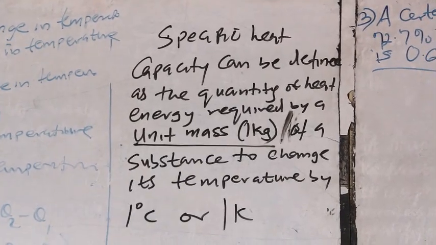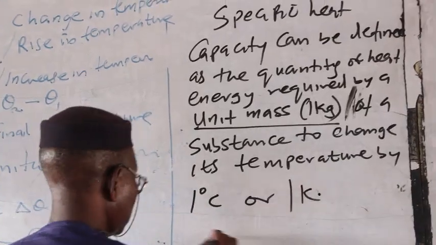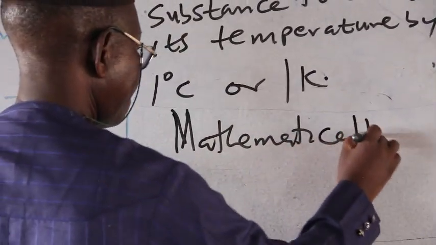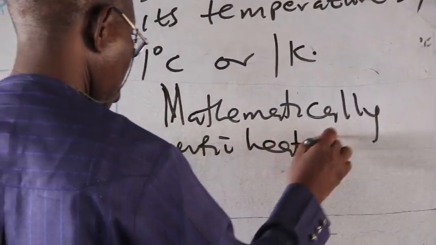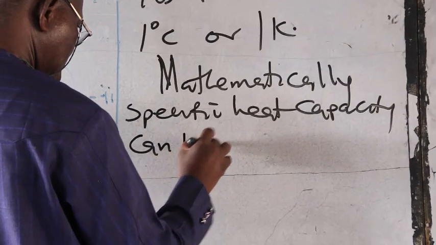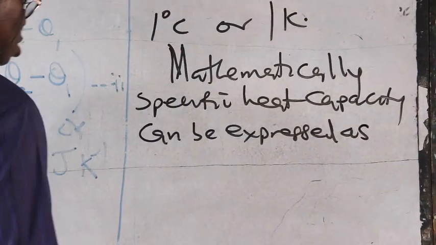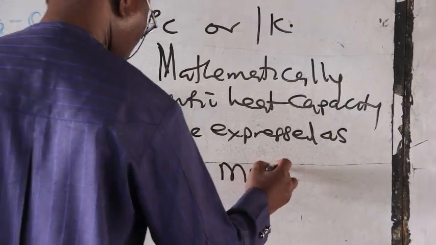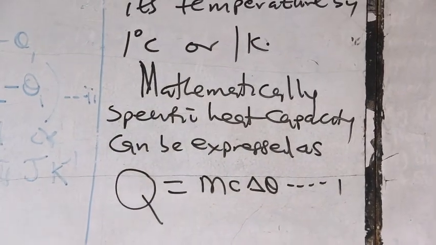You can now say mathematically, specific heat capacity can be expressed as Q equals MC delta theta. Please take note. MC delta theta.